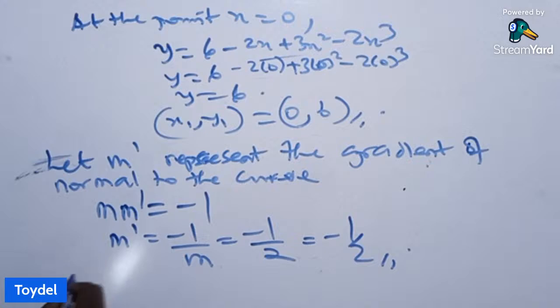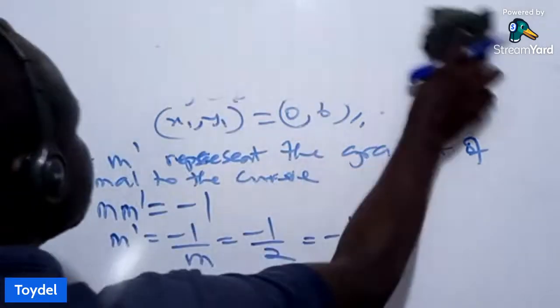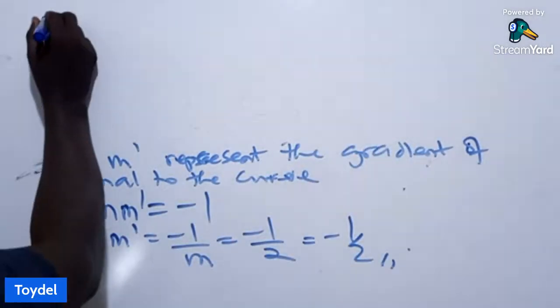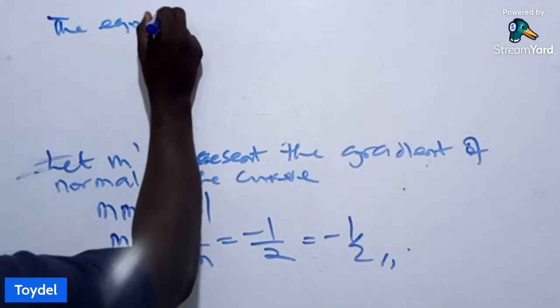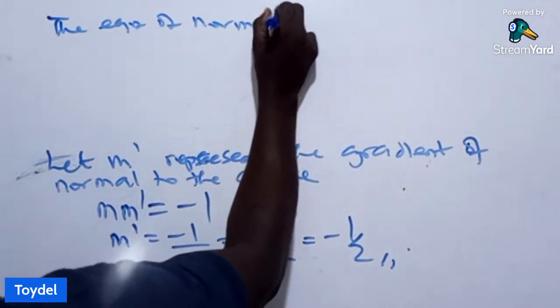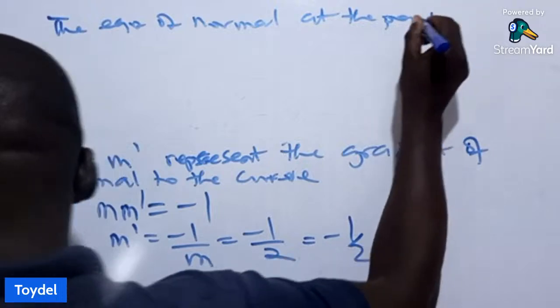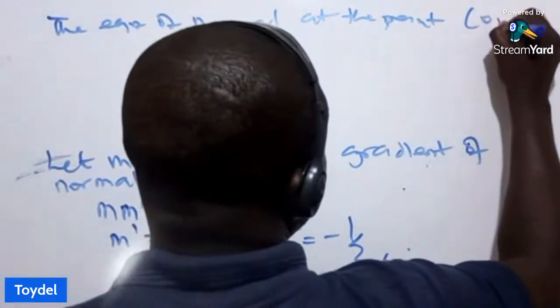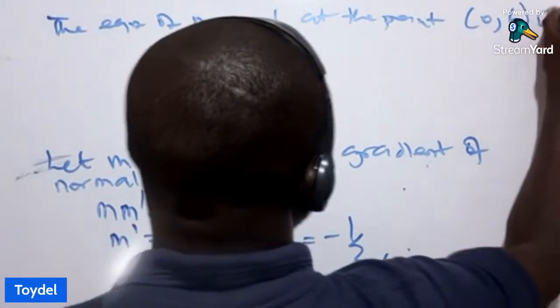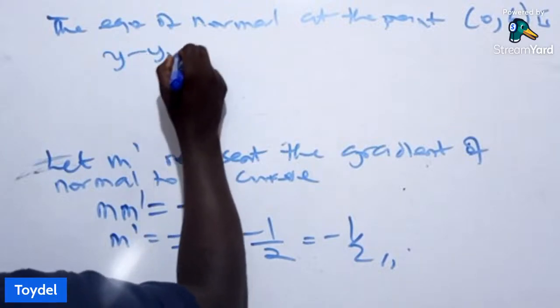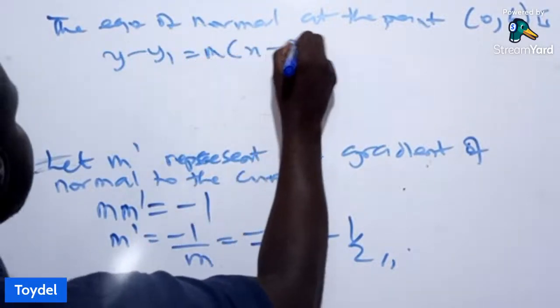Then the equation of normal to the curve at the point x equal to 0 and y equal to 6 is y minus y1 equal to m into bracket x minus x1.